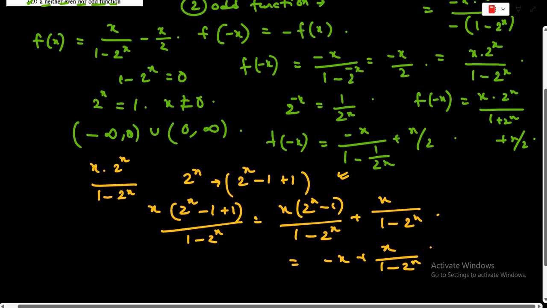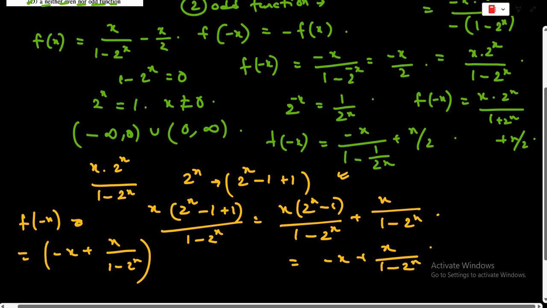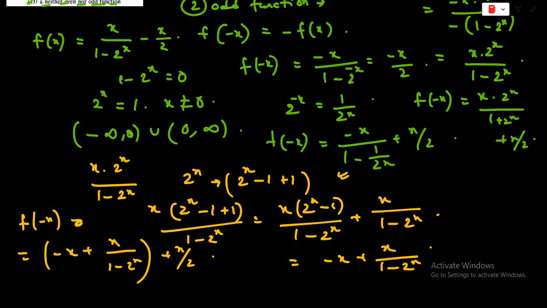Now plug that back into our f of minus x function. So f of minus x will be what? Minus x plus x by 1 minus 2 to the power x, plus x by 2, right? Now simplify this. Minus x plus x by 2. So what do you get? We get minus x by 2.